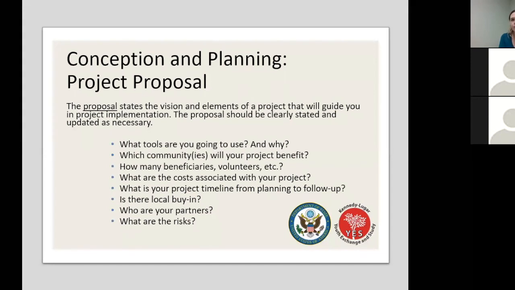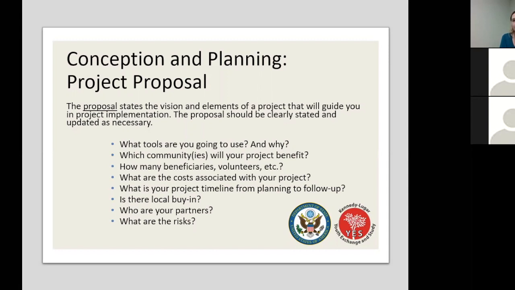So who are your project beneficiaries or participants? How many beneficiaries, volunteers, etc., do you plan on including in your project? What are the costs associated with your project? And what is your project timeline?